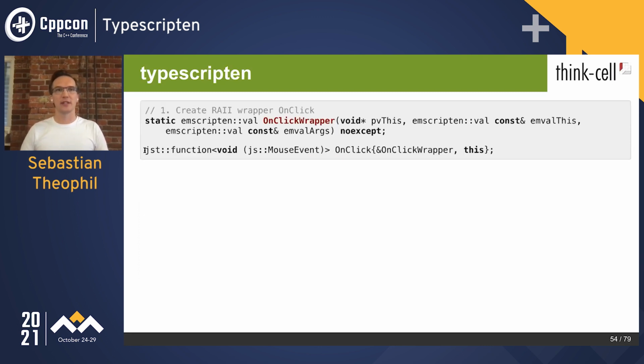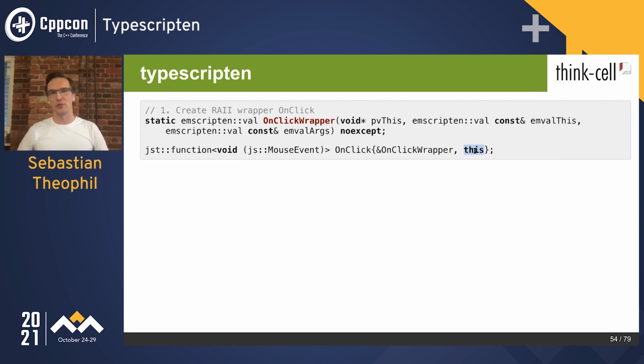So here is the description. Here is our onClick object. That's the thing that will be passed to JavaScript. That onClick object has a function type, a JavaScript function type. And we pass it two things. We pass it a function pointer to some static function, and we pass it the this pointer of our current object.